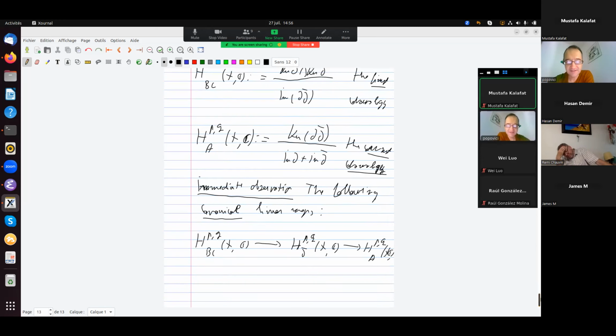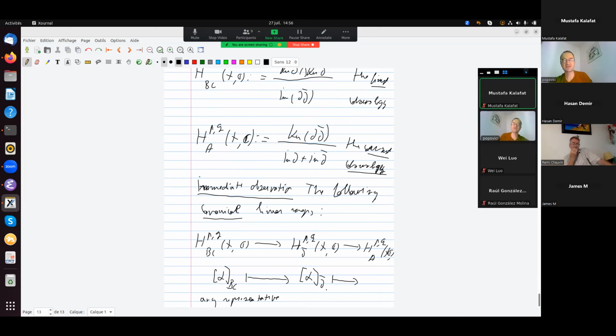So all these maps are well defined. They're induced by the identity. In other words, we're given any Bott-Chern class with any representative α. And the map is defined by mapping this to the Dolbeault cohomology class of the same representative. And if you want to go from Dolbeault to Aeppli, do the same thing.